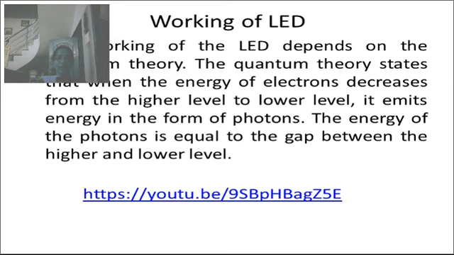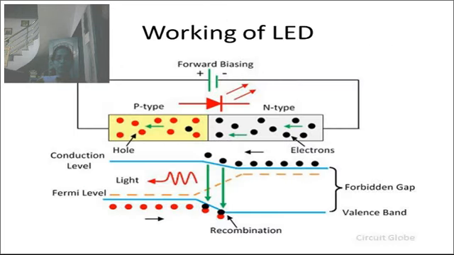After recombination, electrons lying in the conduction band of the N region fall into the holes lying in the valence band of the P region. The difference of energy between the conduction band and valence band is radiated in the form of light energy. In ordinary diodes, the energy is radiated in the form of heat.